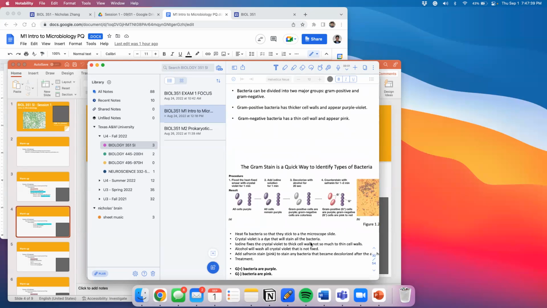So it fixes to the thick cell wall, but not so much to thin. So if you remove this step, we can assume that there's no fixation to the thick cell wall. So what I wrote is that they would both look pink. Is that what y'all got? Cool. Then that is what the answer is.